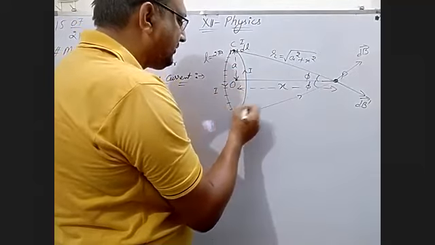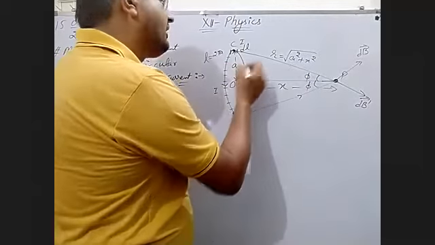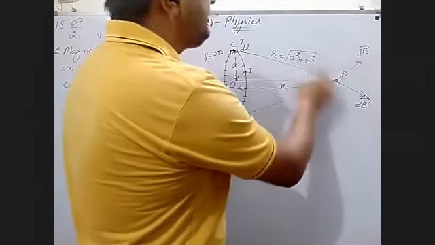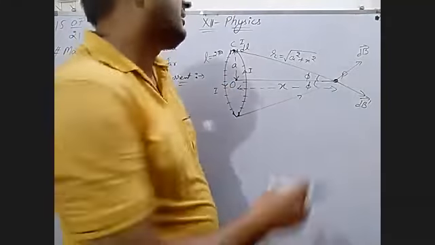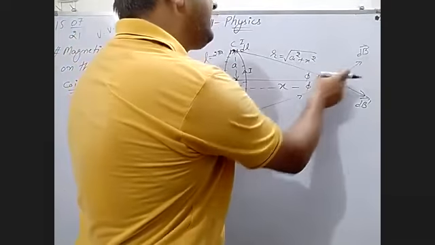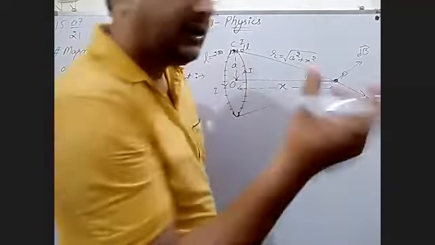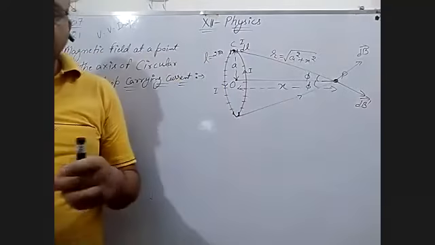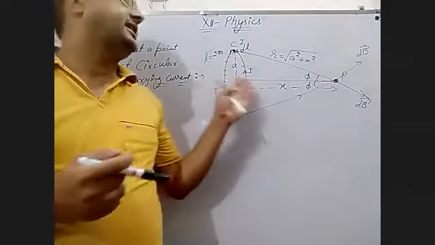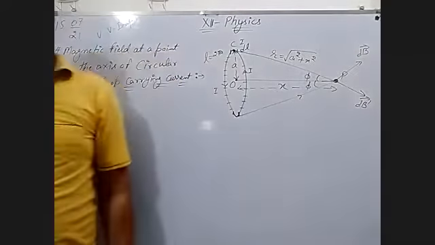These dl you can take at every point, and at every point you have to draw this type of figure, and phi is the angle between this P and that part of dl or current element which you are taking anywhere. Remember this thing.